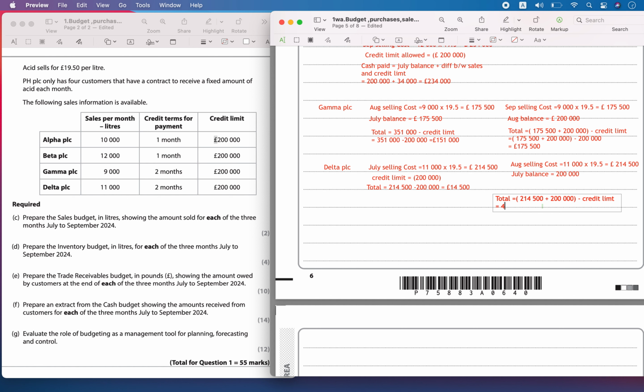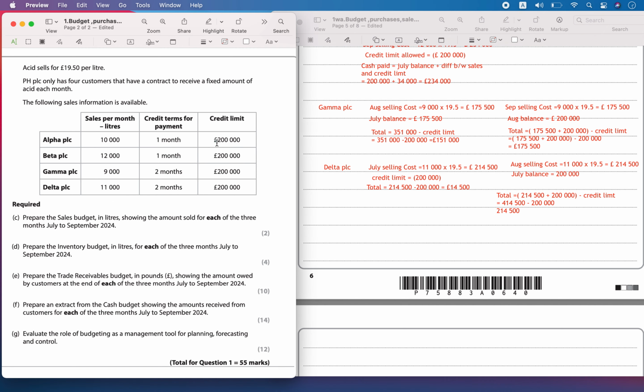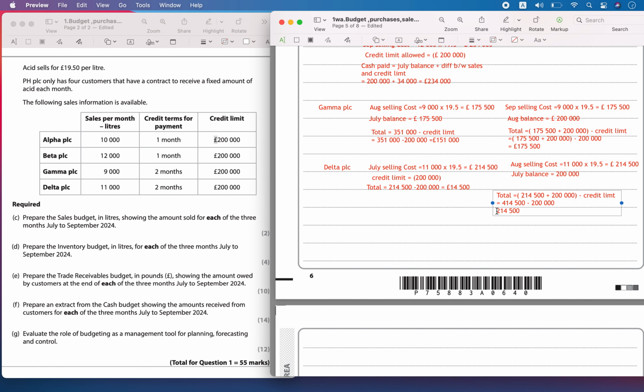So that will become 414,500 minus 200,000, which is equal to 214,500 pounds they will have to settle in cash, because the maximum credit limit allowed is 200,000.